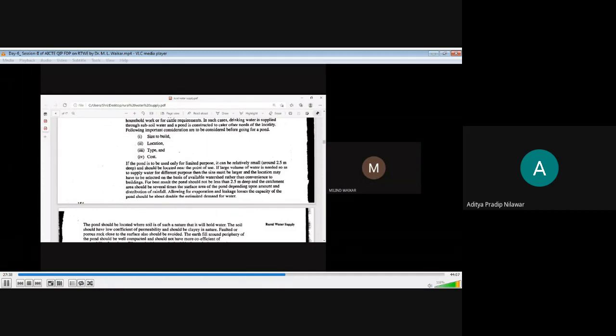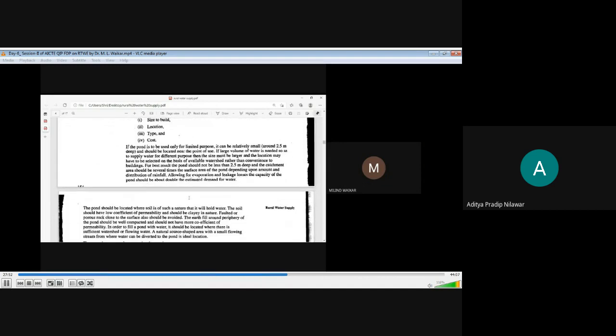Still, we have to ensure that even when evaporation and leakage are occurring, we will have sufficient water in the pond, around double the estimated demand of water. Such a pond can be constructed, and that will be a very good surface water source.